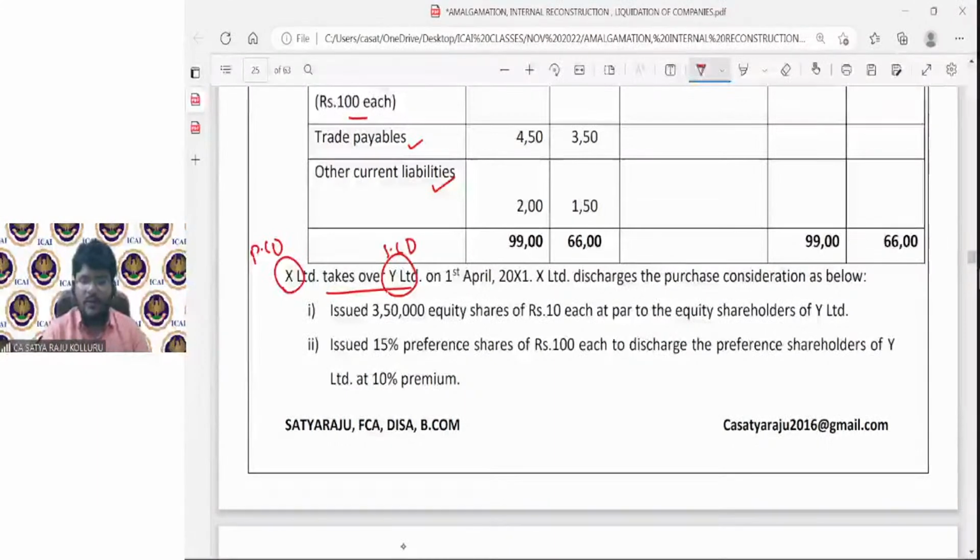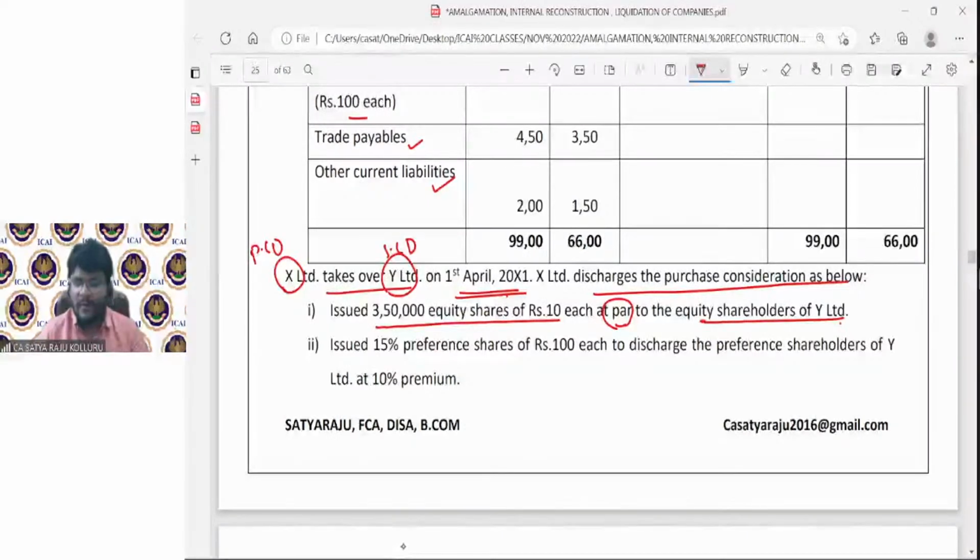On 1st April 2011, the date of amalgamation, X Limited discharged the purchase consideration as below. Issued 3,50,000 equity shares of rupees 10 each at par to the equity shareholders of Y Limited. Issued 15% preference shares of 100 rupees each to discharge the preference shareholders of Y Limited at 10% premium.